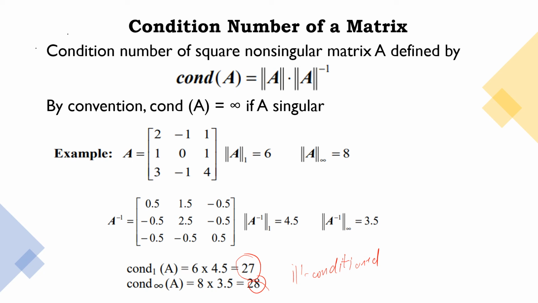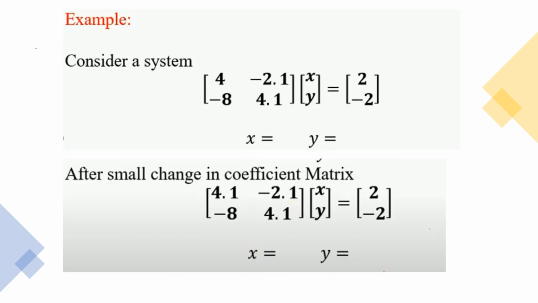Now, let's have the next example. A certain mathematical software is still used in solving the given value. But anyway, let's consider this system. This is our system, and try to check every element. Using the software, the values of x and y in this particular vector can be solved.